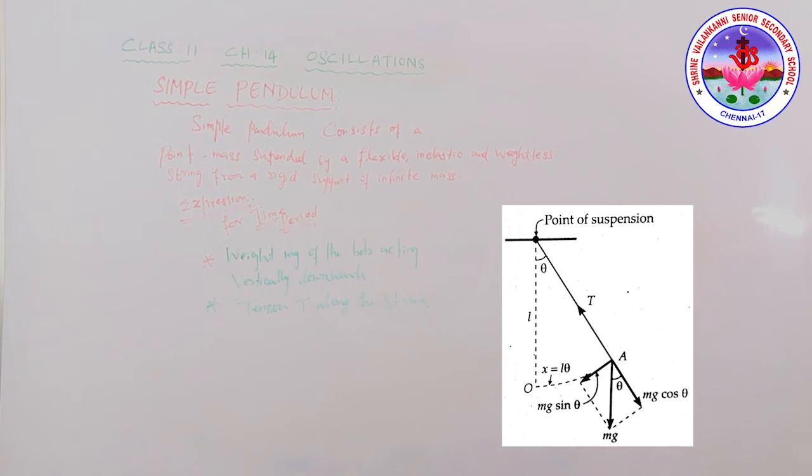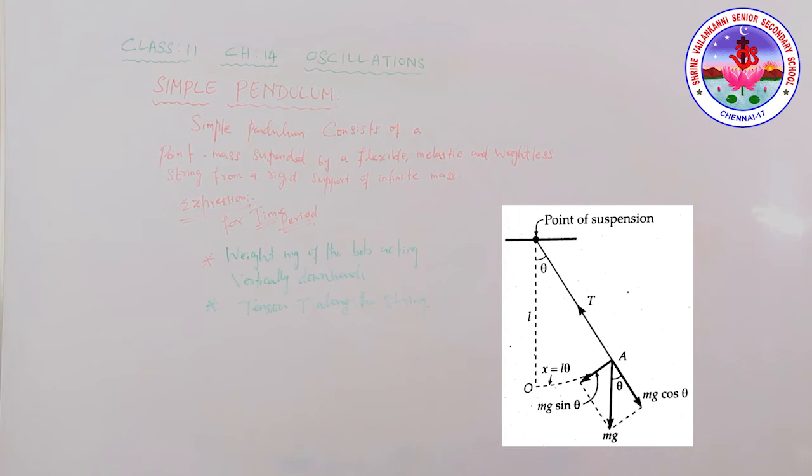Suppose at any instant during this oscillation the bob lies at position A, where its displacement OA equals x, and the thread makes an angle theta with the vertical.